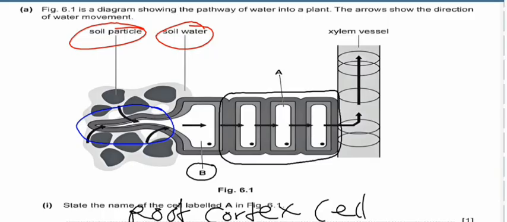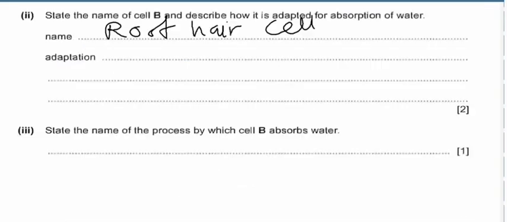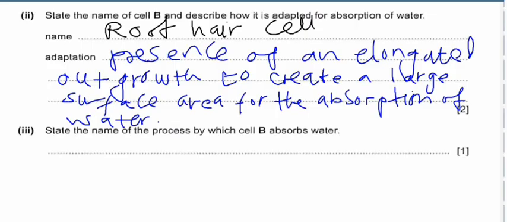So this elongated outgrowth gives this root hair cell a large surface area for the absorption of water. So we are saying the presence of elongated outgrowth to create a large surface area for the absorption of water. That's 2 marks. Roman numeral number 3.